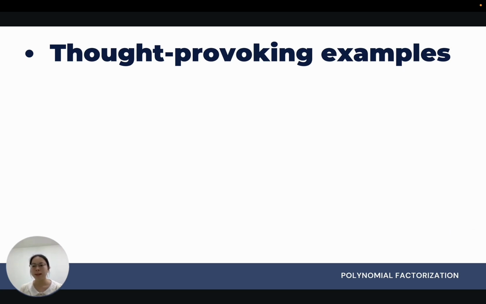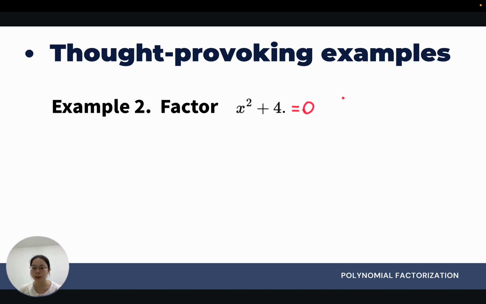Okay, second example, x squared plus 4. Many students do some calculation like this. Let x squared plus 4 equal to 0. Then they get delta equal to minus 16. They say this quadratic equation has no real roots.